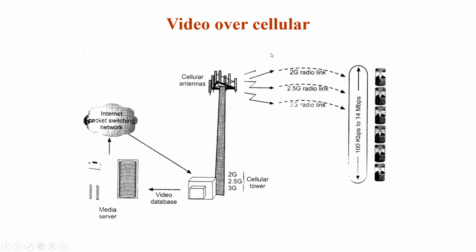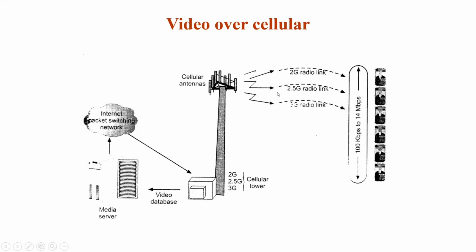Now, video over cellular. Here you can transmit your video signal using 2G, 2.5G and 3G systems, that is the cellular tower. You can see here your media server is connected to the internet packet switching network, then it is given to the cellular antennas, and the cellular antennas use the appropriate technology, standard and generation for that particular transmission of video.